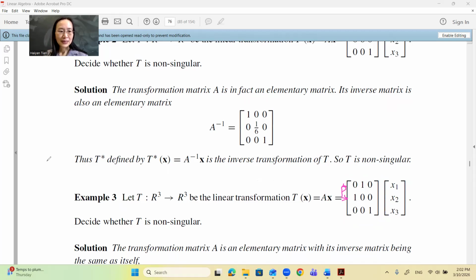They differ from the identity matrix by one elementary row operation. So yeah, this is an elementary matrix. And then we know the inverse is itself. Therefore, this linear transformation has an inverse. It is non-singular.